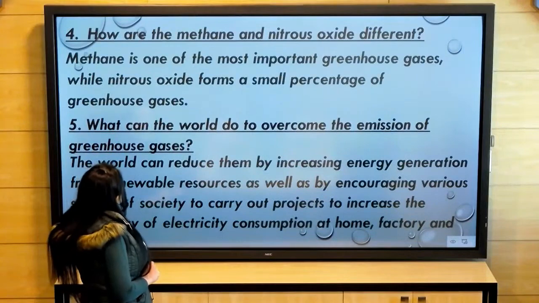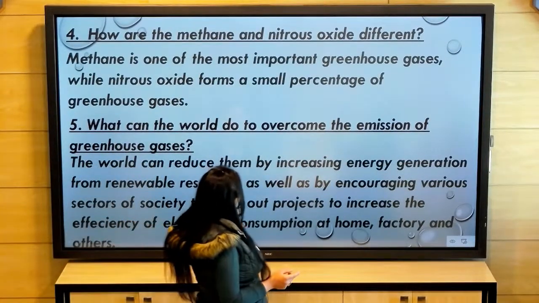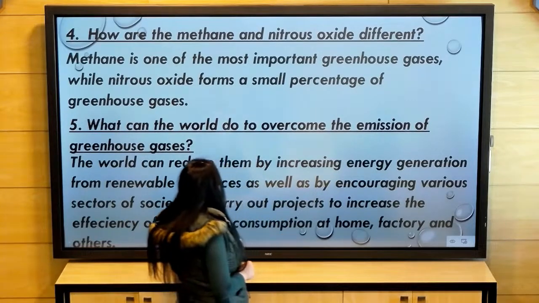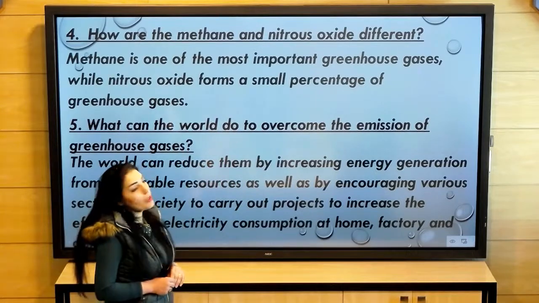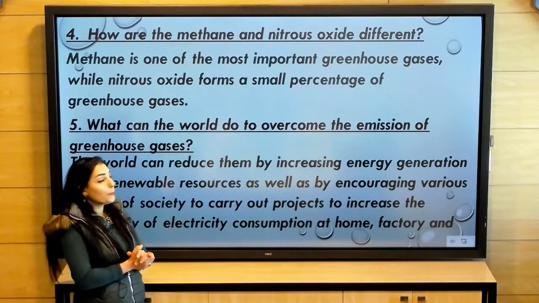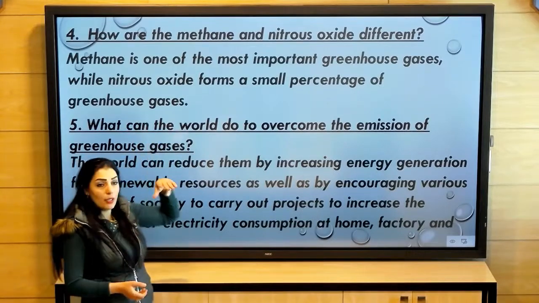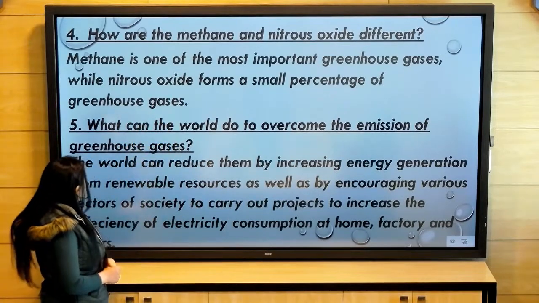Now, how are the methane and nitrous oxide different? Methane is one of the most important greenhouse gases, while nitrous oxide forms a small percentage of greenhouse gases. So methane has a bigger percentage of greenhouse gases than nitrous oxide.